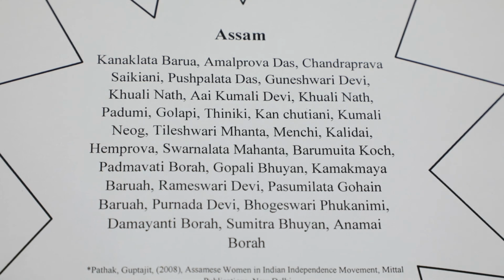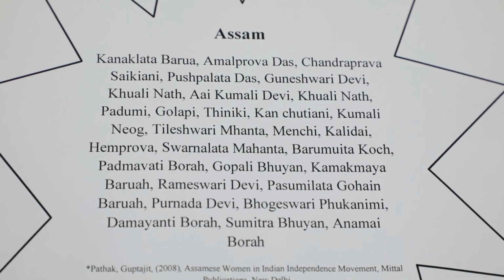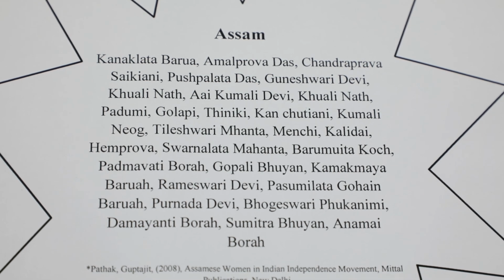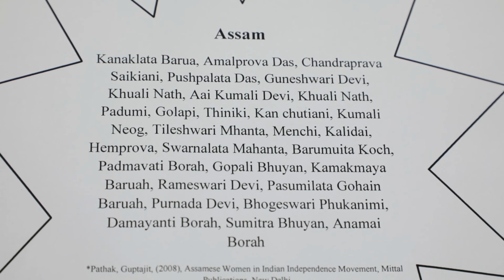You must have read about Matangini Hazra, and you must have read about many of the women leaders who contributed at this particular point of time. Here are the names of those women whose names are mentioned in different sources. This I have collected from the secondary source.